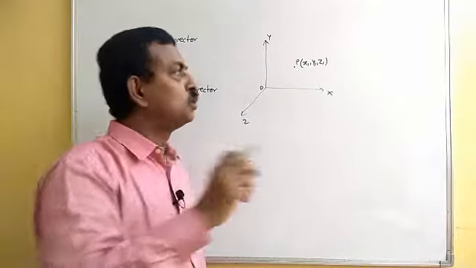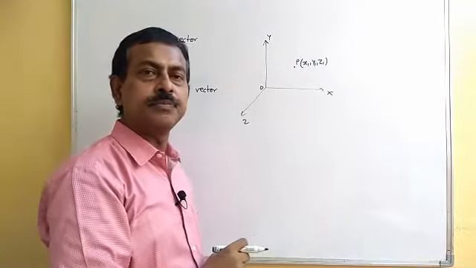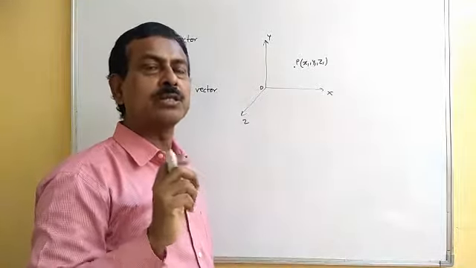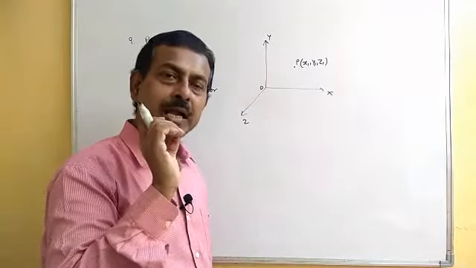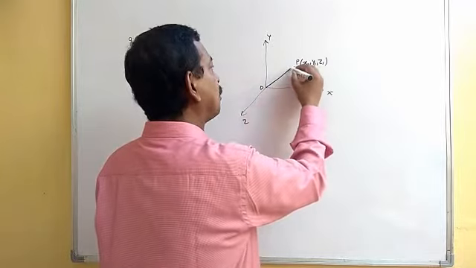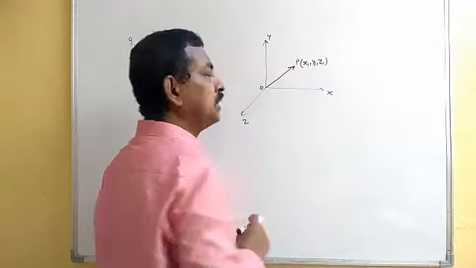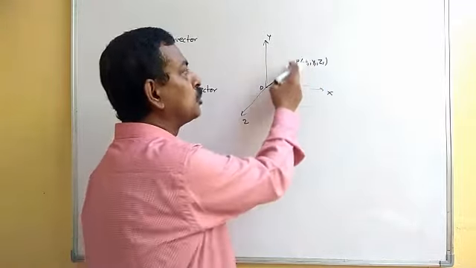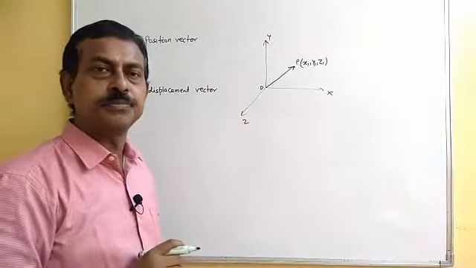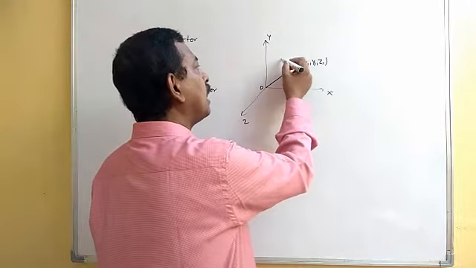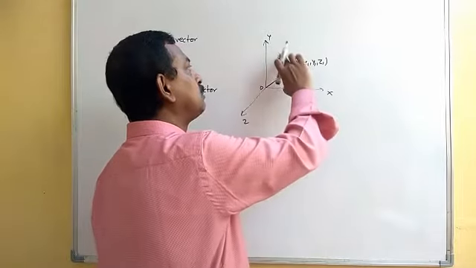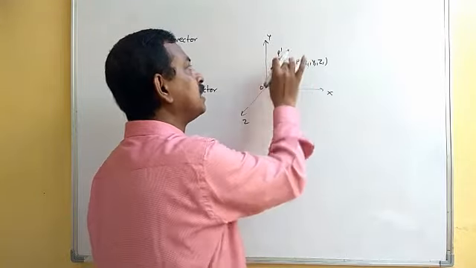So a vector joining this particular point from the origin or the reference point will be called the position vector of the particle at that instant. This is OP. This OP vector is the position vector of the particle or the point P. Similarly, after some time the point is, suppose, here, represented by P dash.